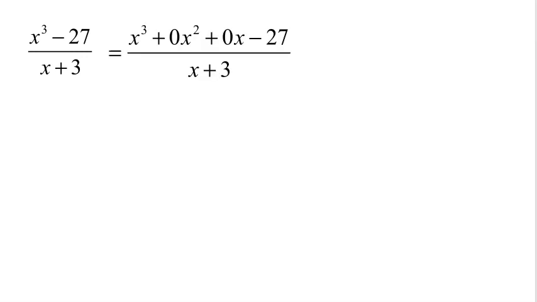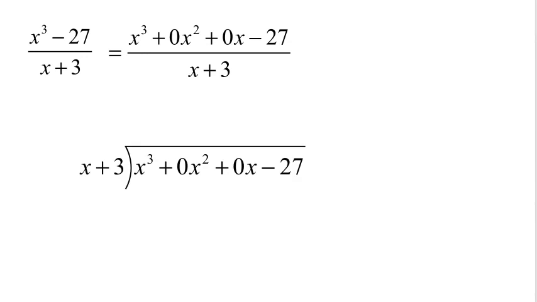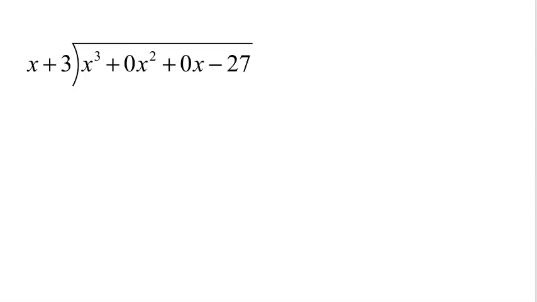So we're going to put in 0x squared plus 0x as placeholders so that we have an x cubed term, an x squared term, an x term, and a constant term in the question we're starting with. So we're going to go ahead and write it using this notation from arithmetic, x plus 3 into x cubed plus 0x squared plus 0x minus 27.